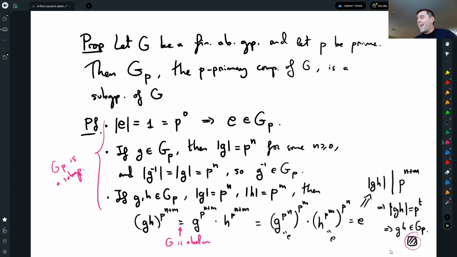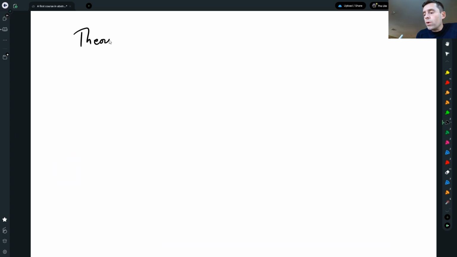Okay, so now what I want is our theorem, which is that a finite abelian group is a direct product of p-primary components. So this is the theorem we want to show today. Let G be a finite abelian group.